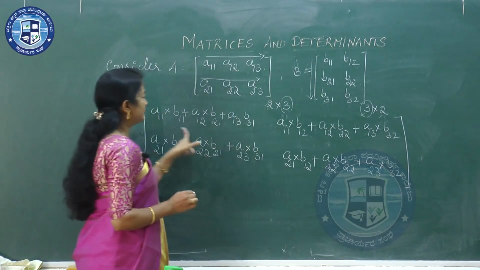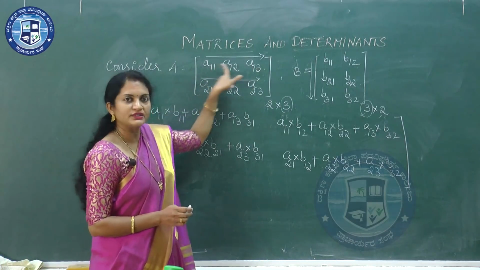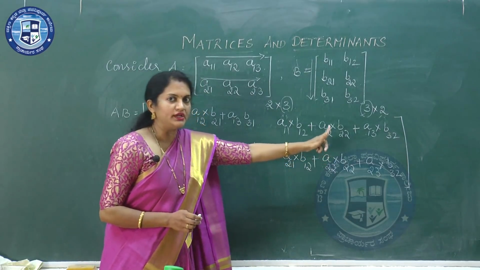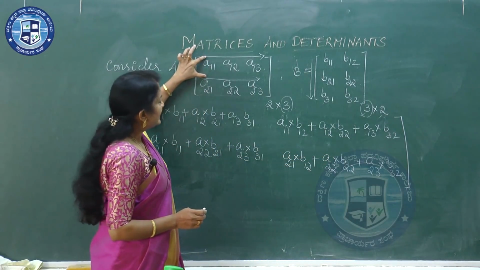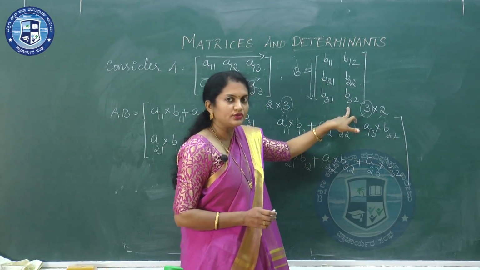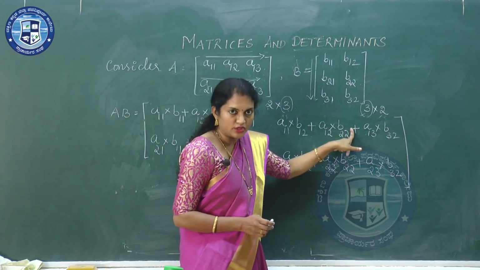That sum gives the first element of the first row, because we are doing here first row operation, so we will be getting the elements of first row only. Now next, there is one more column left, second column is also there, so with the first row we have to multiply the second column also.